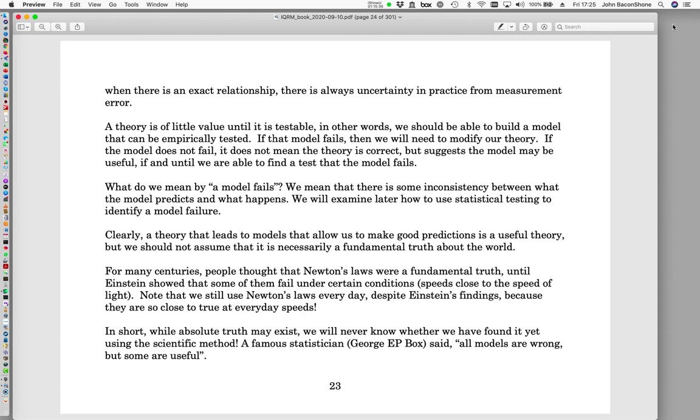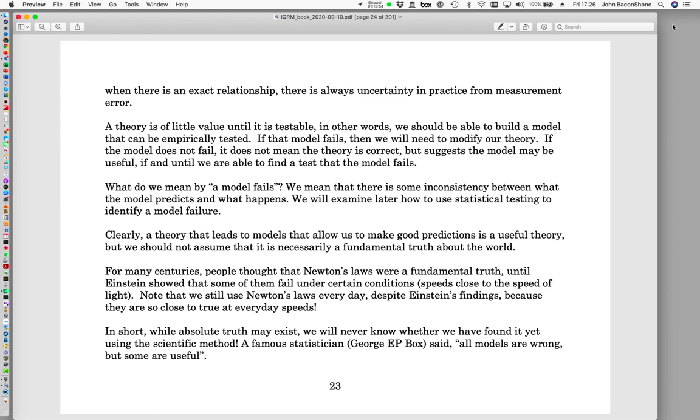So if you are traveling at speeds close to the speed of light, then some of Newton's laws do not work. But you will notice we still use Newton's laws every day despite Einstein's findings, because they're so close to being true at everyday speeds.